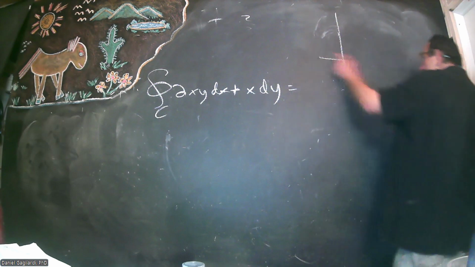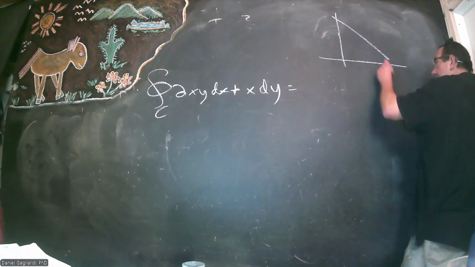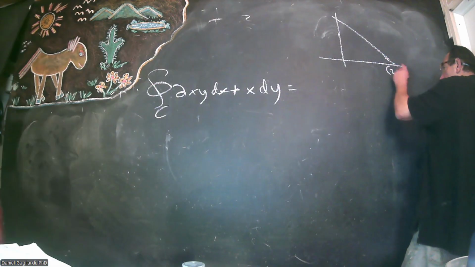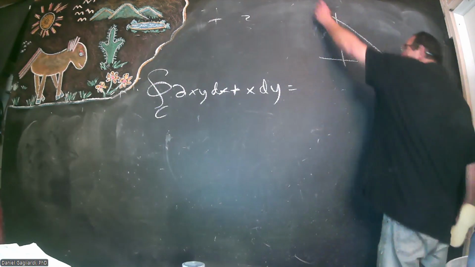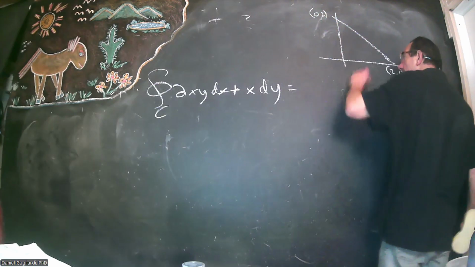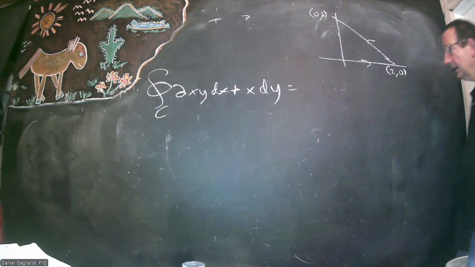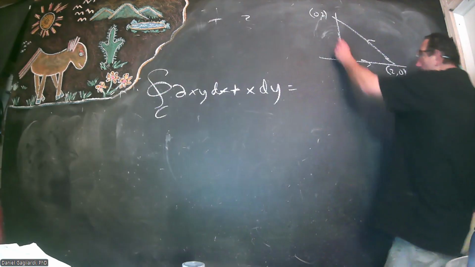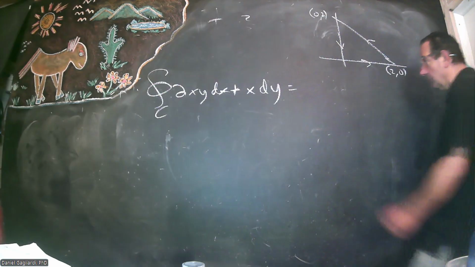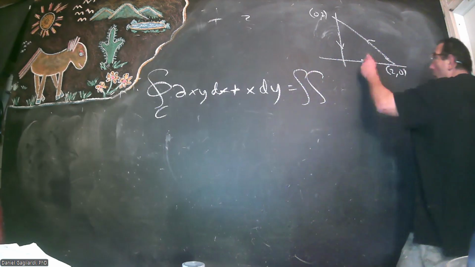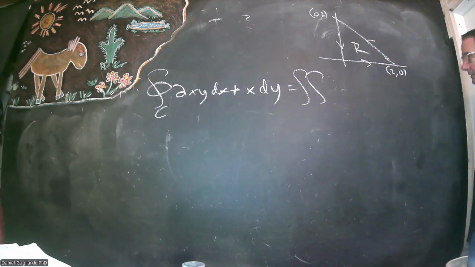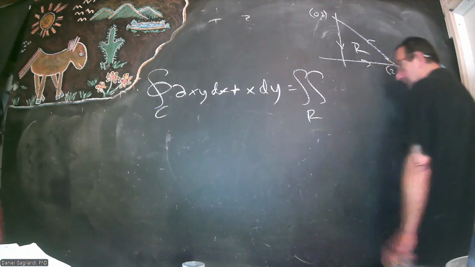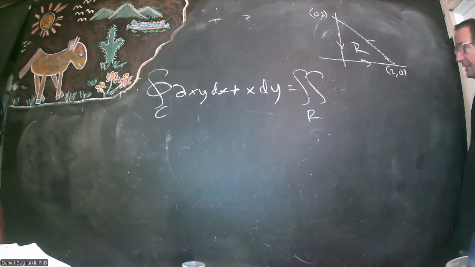And here's the region, as before, (0, 0) to (2, 0) to (0, 2), back home again. And so says Green's theorem, we take the double integral over this region R, something very different, of Q_x minus P_y.